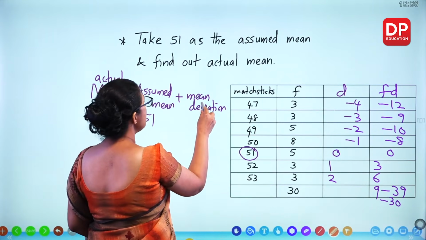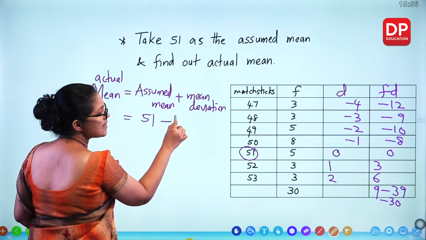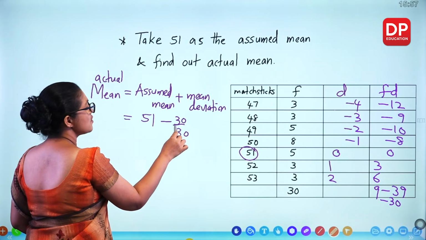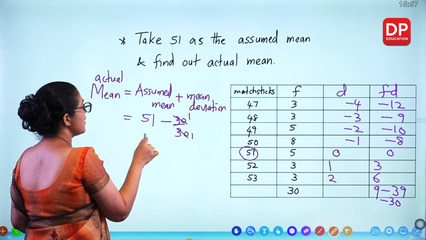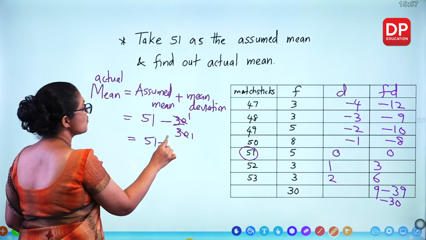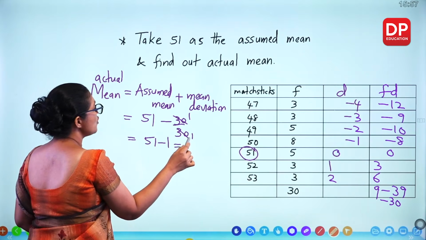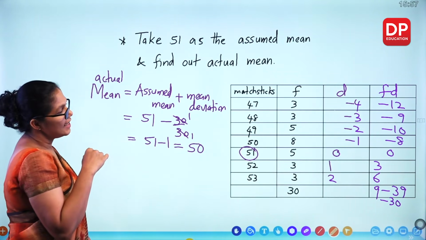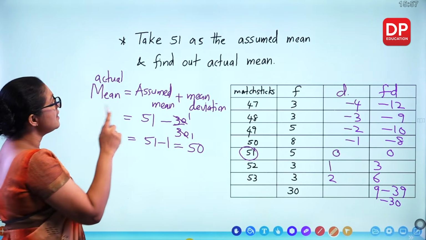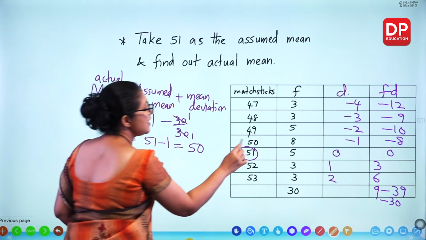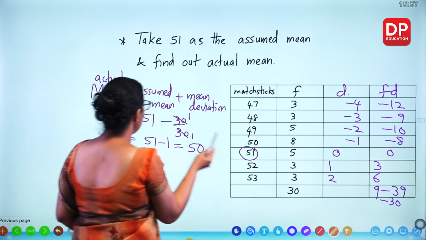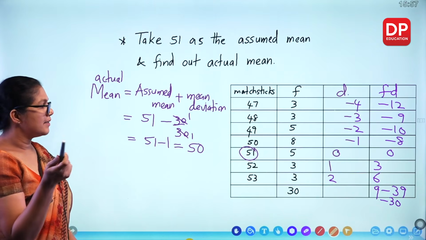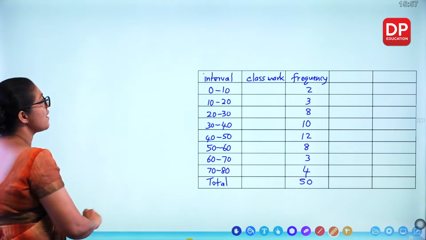So what's the mean deviation? Minus 30 divided by frequency 30. So you get minus 1. So 51 minus 1, the actual mean is 50 in this case. In this example, if we take 51 as the assumed mean, this is how you find the actual mean. Now we'll take another example.